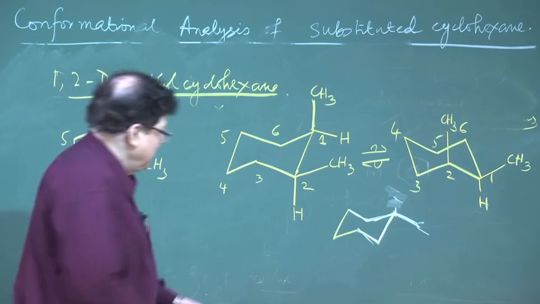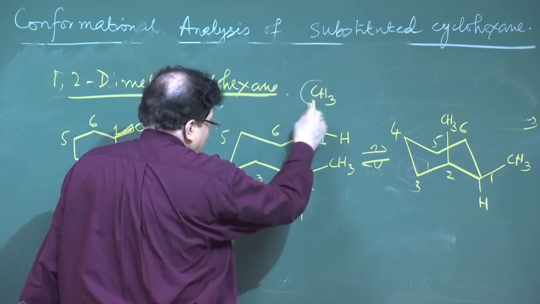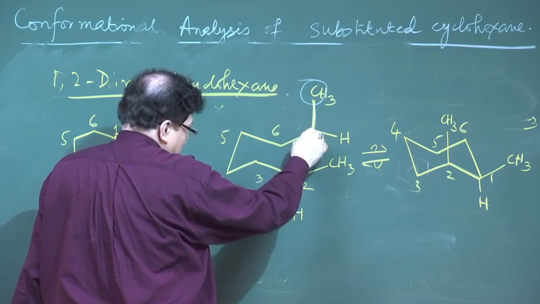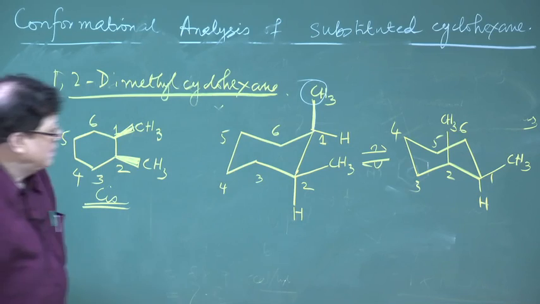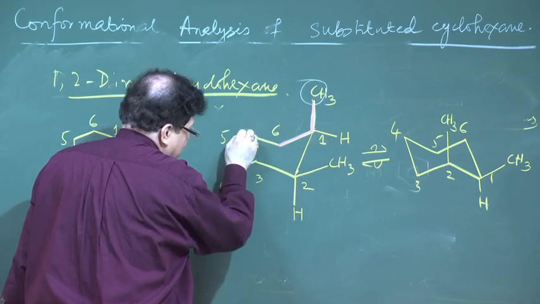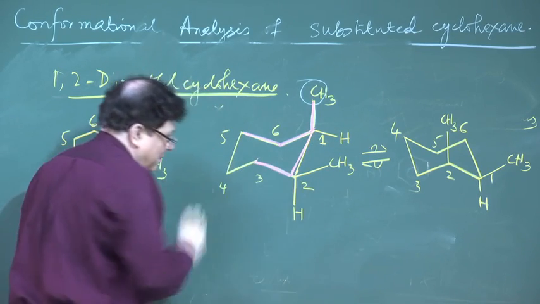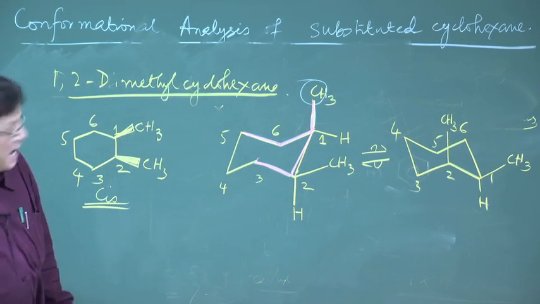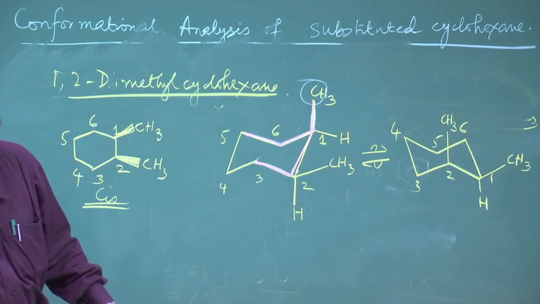Now, let us try to do it this way. This is one carbon which you have attached to this C1. So, what you have done? You have incorporated two extra butane units, one is this, another is this. And for this carbon you have introduced two extra butane units.